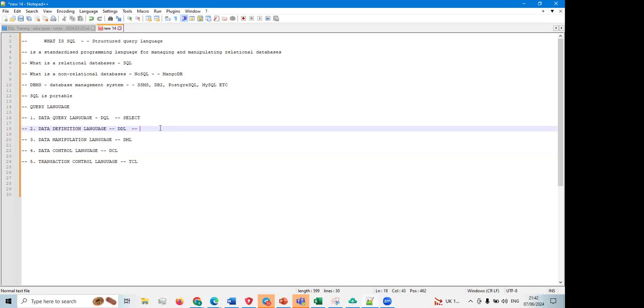Now, data definition language. The data query language, as you know, is used in querying data.